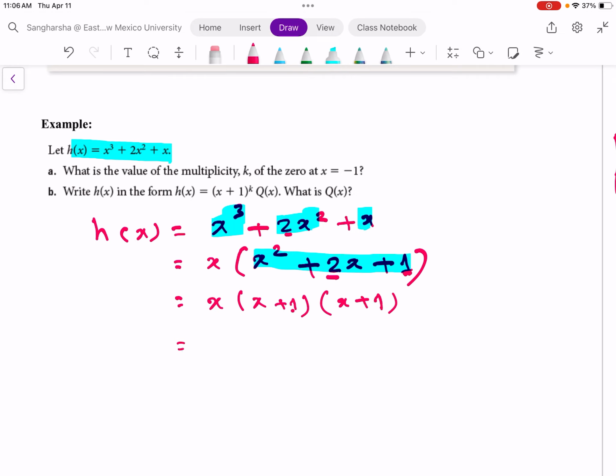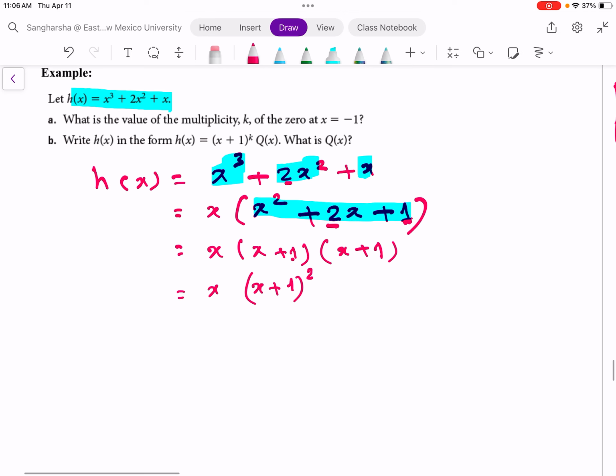And we can rewrite this as x times x plus 1 times x plus 1, which is x times (x plus 1) squared. Now let's find the zeros for this function and the multiplicity.